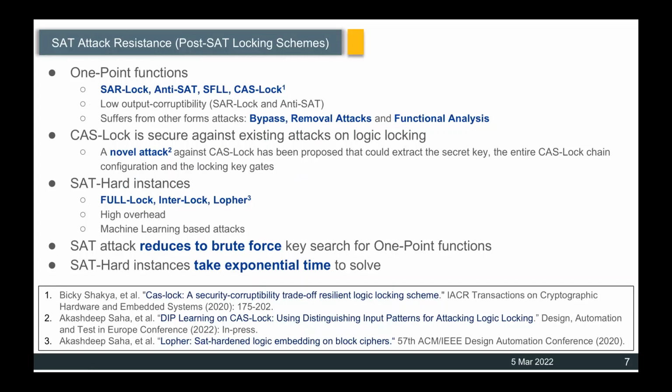One-point functions means that they have a very low output corruptibility. That means if you give a wrong key, then you will probably find that there will be one out of maybe 2 to the power of n cases, if n is the number of primary inputs, where a wrong output is generated, whereas for the rest of the cases they are the same as your oracle circuit.